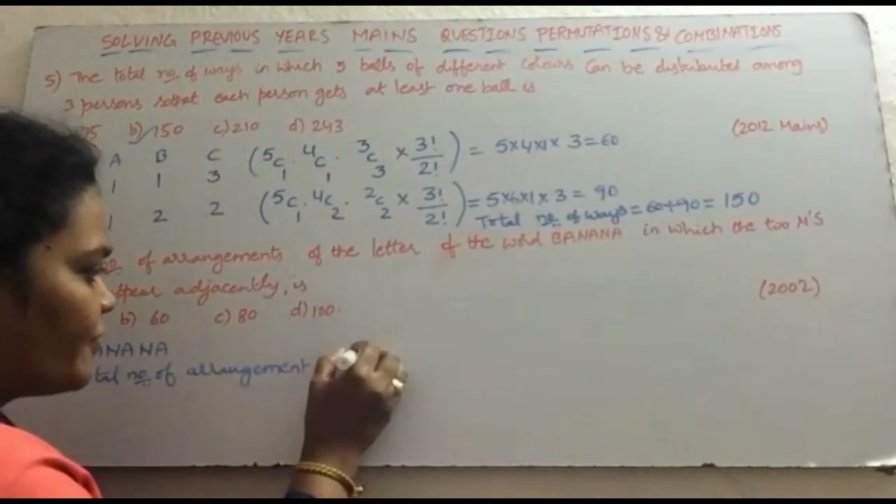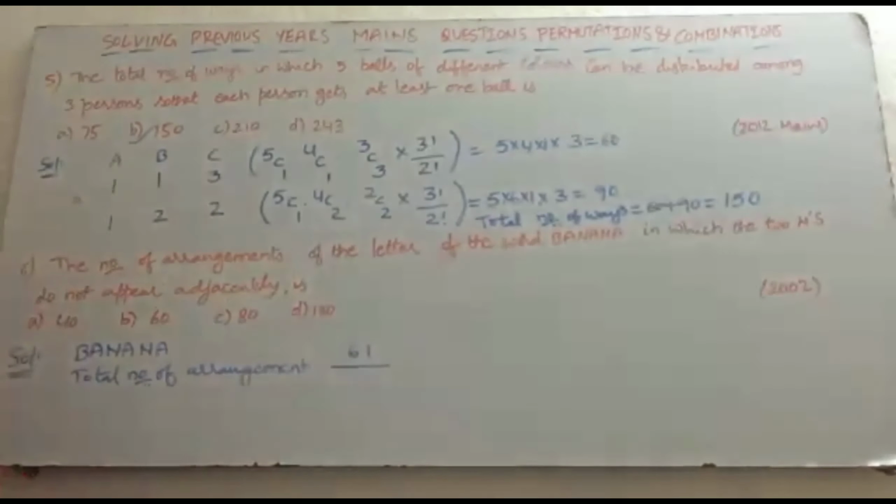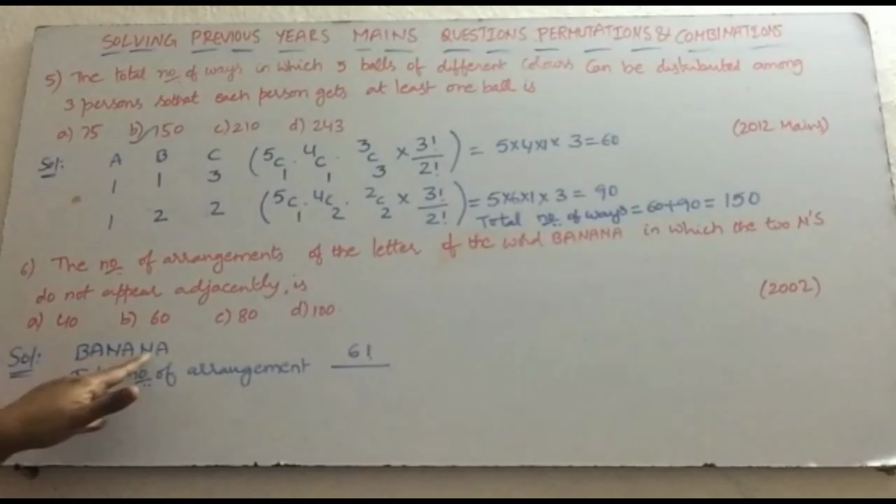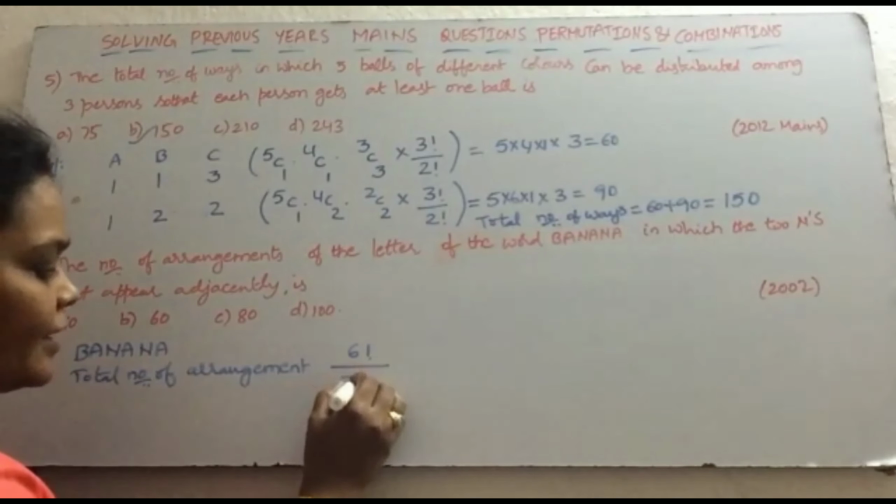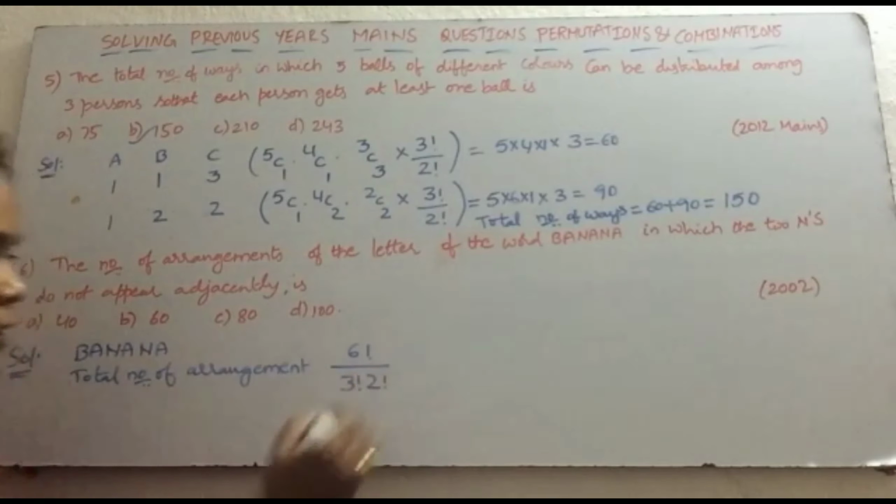So 6 factorial by, here A is repeated 3 times and N is repeated 2 times, that means 3 factorial into 2 factorial.